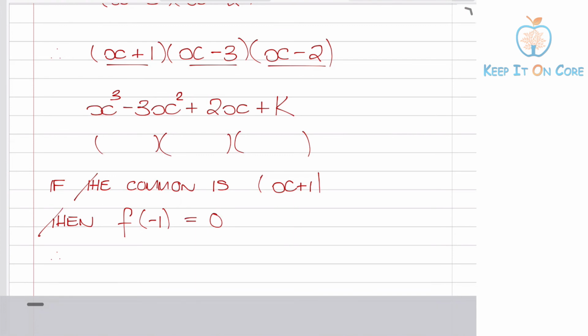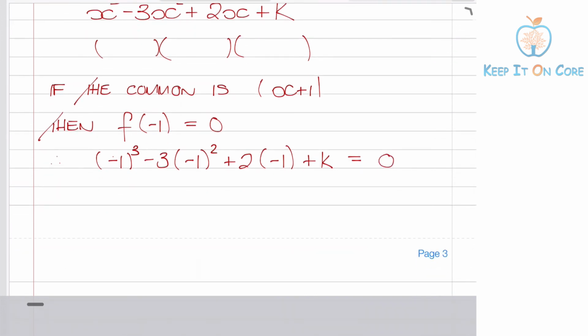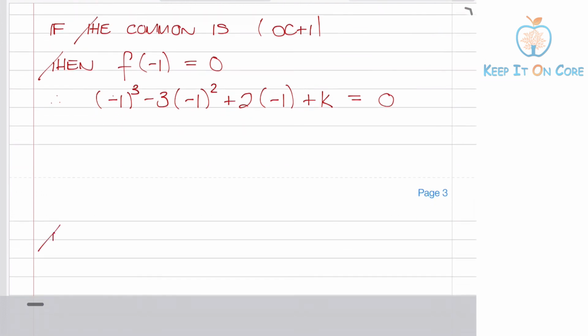We would take your expression, and everywhere there is an x, replace it with negative 1. And remember, there's that variable k, and you make the expression equal to 0 and solve for k, which I'll come back to in a second.